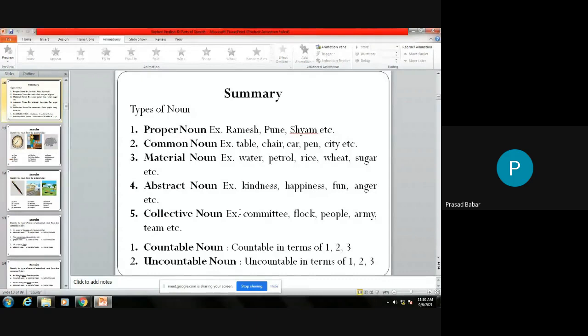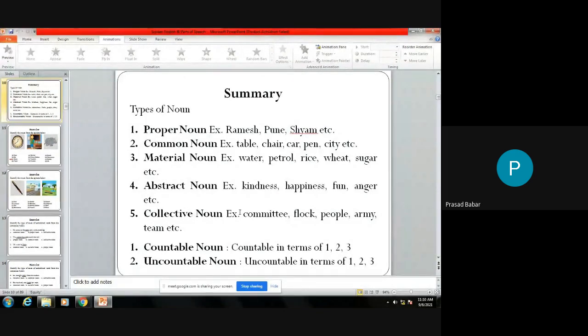Then the next type is collective noun. The collective noun is a noun for any type of collection or things that are in a group. Examples are committee or board. Board here does not mean the blackboard we use for teaching or learning.